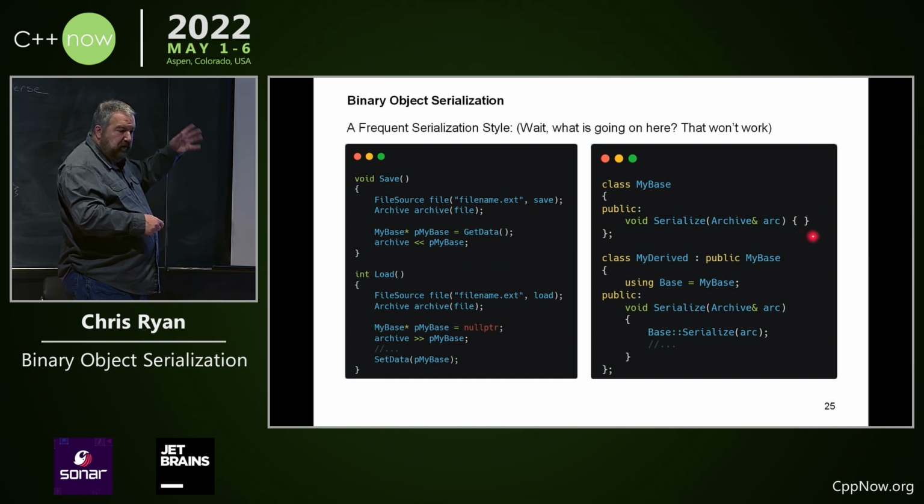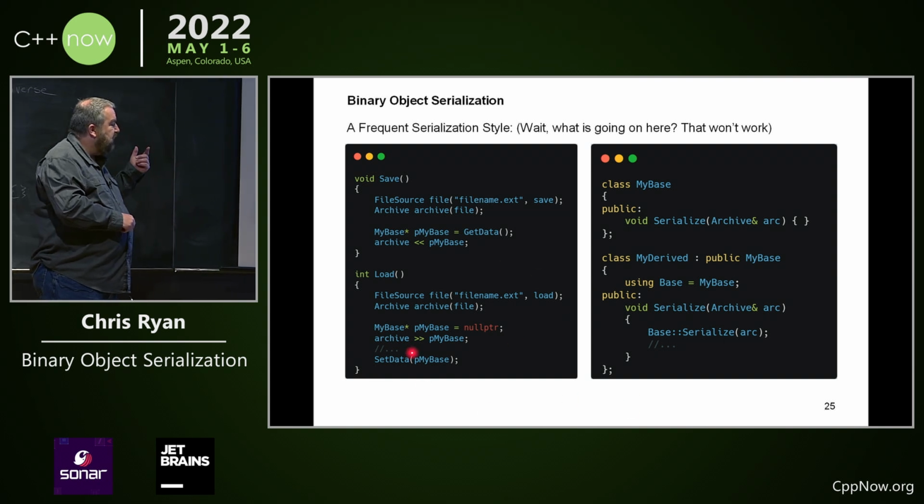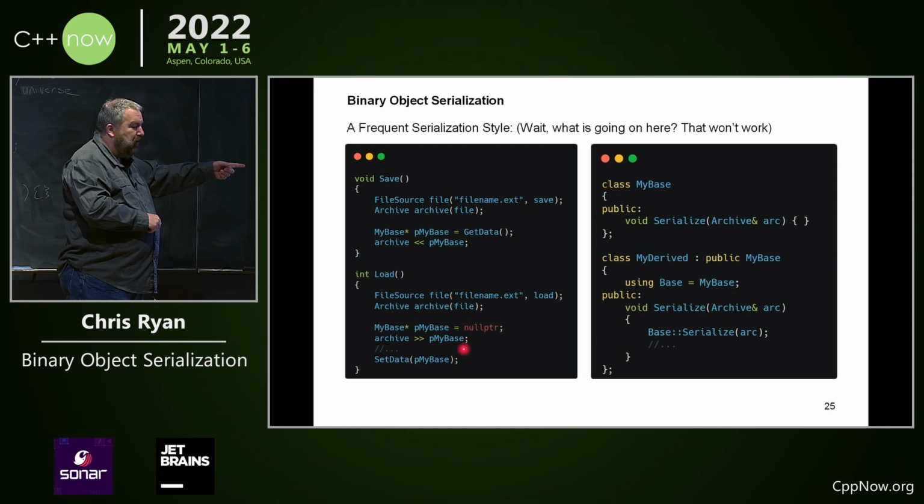If it did have members, you'd have your normal if storing or is save, and go out and save its members. But it would forget all about all the derived types. First, this is not virtual. If it was virtual, it would go ahead and save these. But over here, I have a null pointer, and I stream the data back into a null pointer.